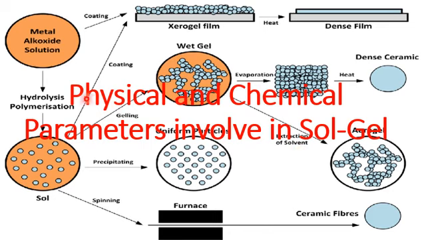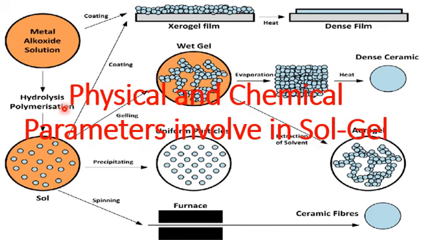So dear student, please note that the physical and chemical parameters involved in sol gel process play a vital role in order to prepare nanoparticle, nanowire and nanorod via sol gel process in a controlled and manipulated way with a specific chemical composition.